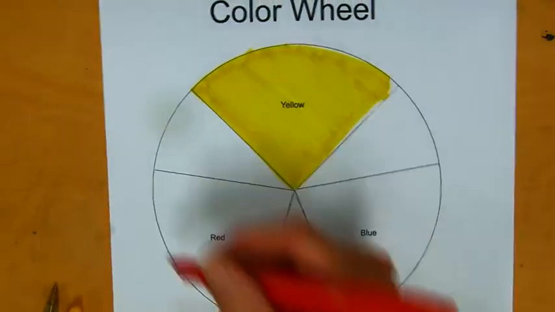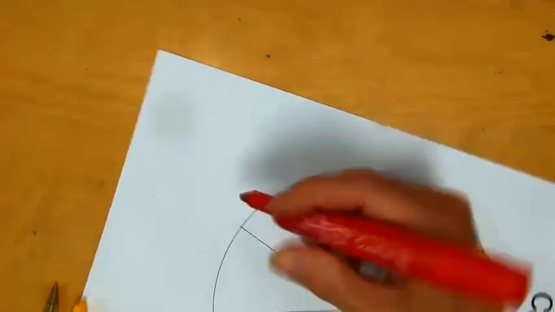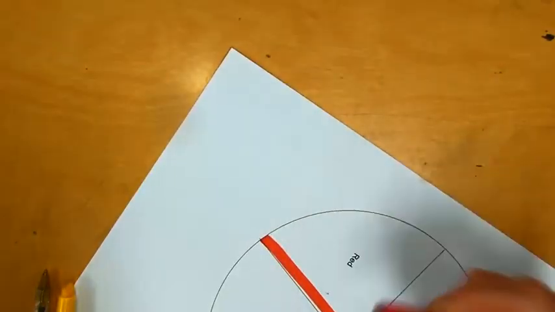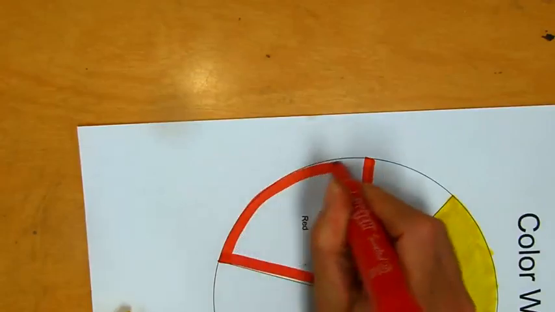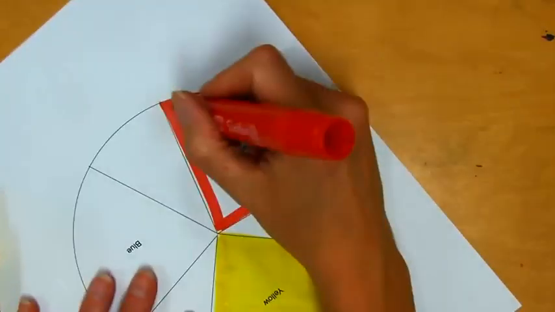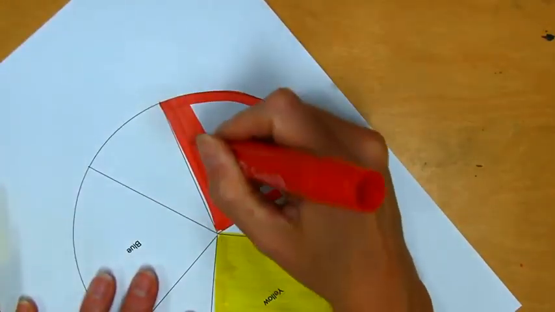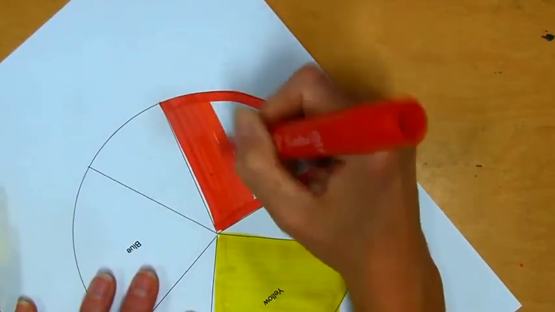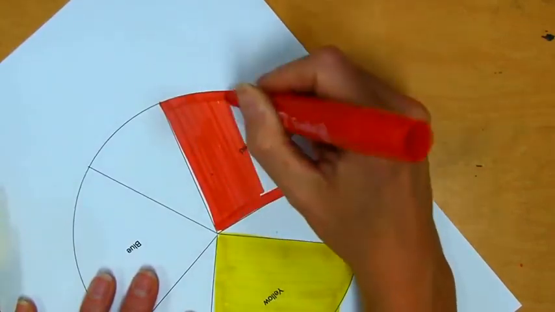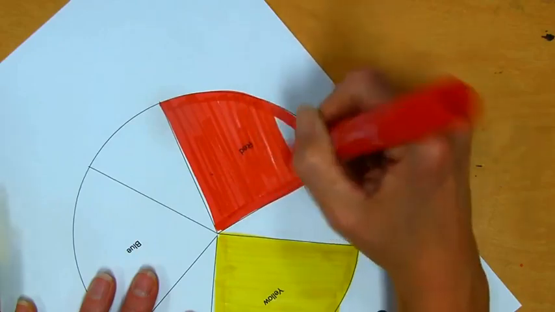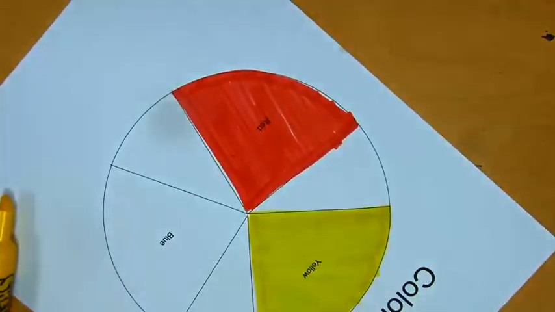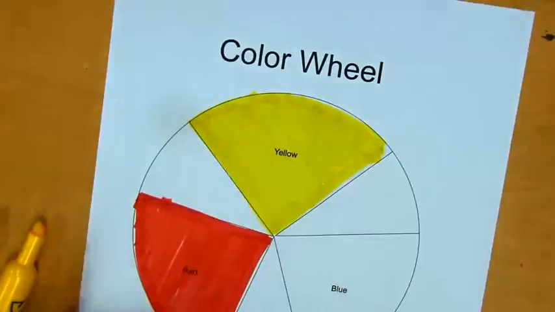After you have yellow done, go ahead and do red. I'm going to do it the same way. Just doing lines across. Try not to let any paper peekers through. And then when you're done with that, we'll add our blue.